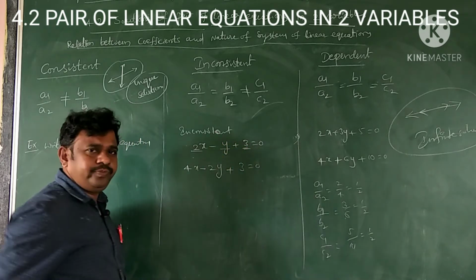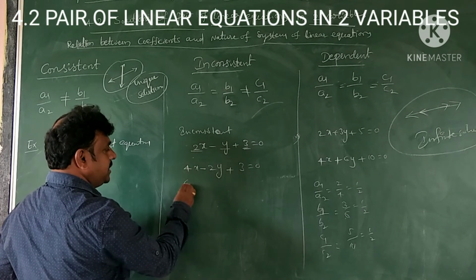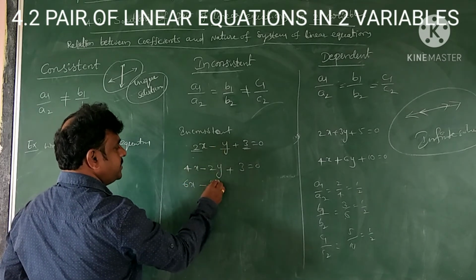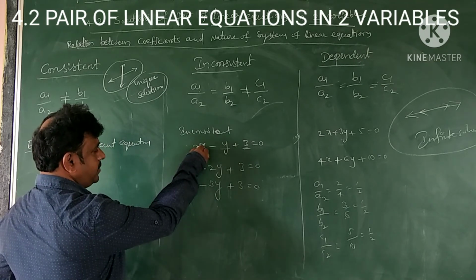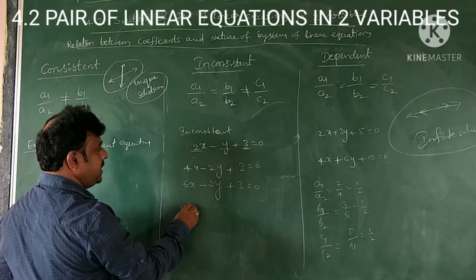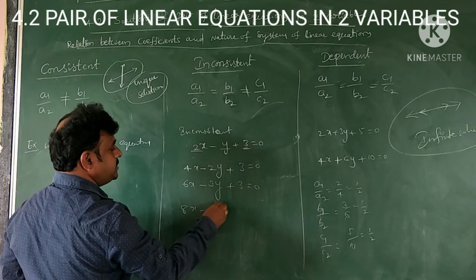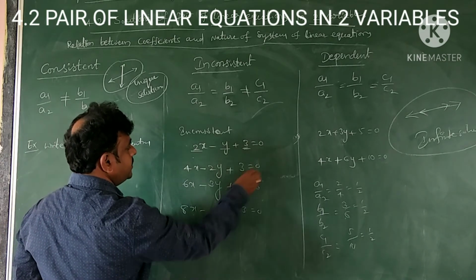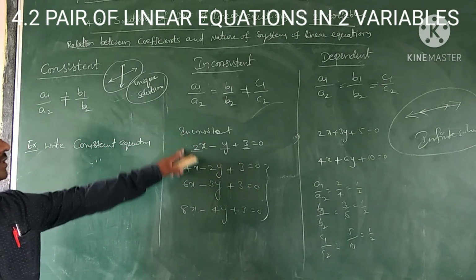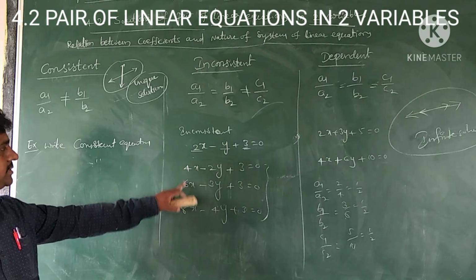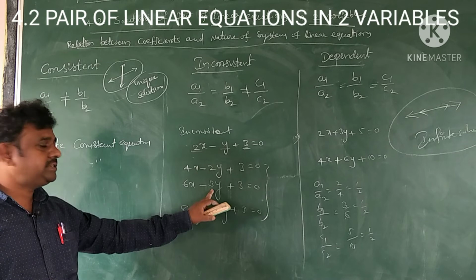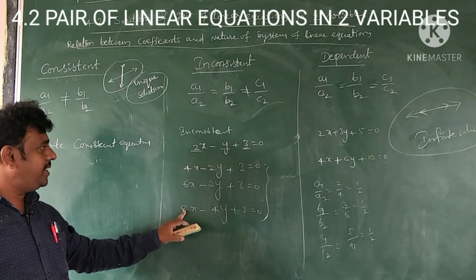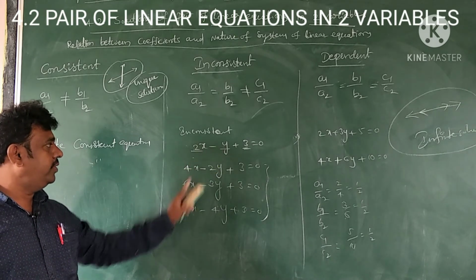Say two 3s are 6, three 1s are 3, plus 3. Then 4: two 4s are 8, four 1s are 4, plus 6. These are all inconsistent because 4 by 6, 2 by 4, 1 by 2; 2 by 6, 1 by 3, minus 1 by minus 3, 1 by 3; 2 by 8, 1 by 4, 1 by 4.